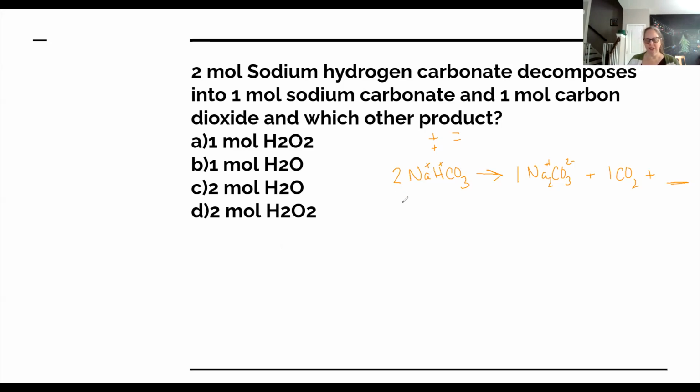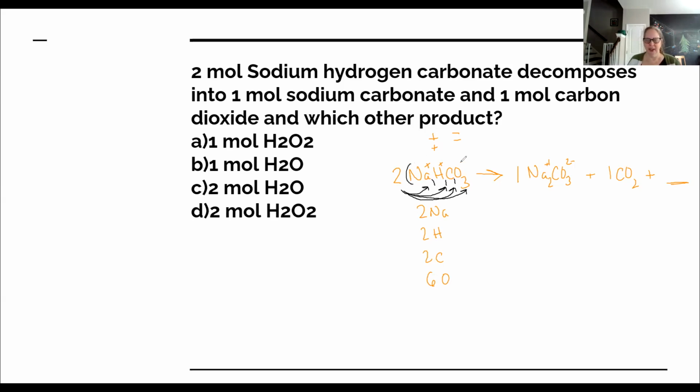What is left over? I have 2 sodiums on the left, 2 hydrogens, 2 carbons, and 6 oxygens. What did I do? I just multiplied times 2. There's 1 sodium, 2 times 1; 1 hydrogen, 2 times 1; 1 carbon, 2 times 1; 3 oxygens, 2 times 3, 6.